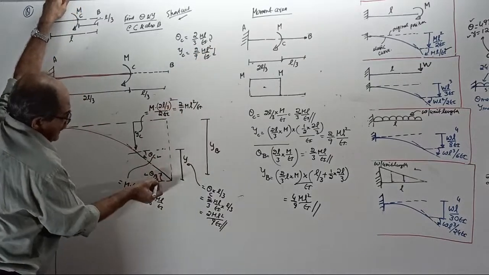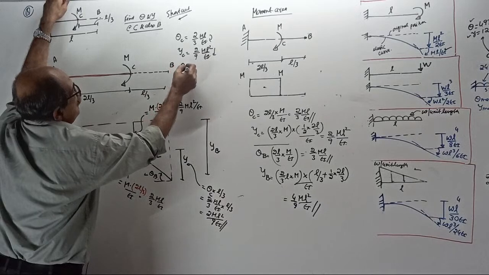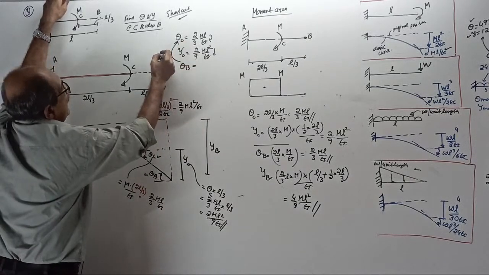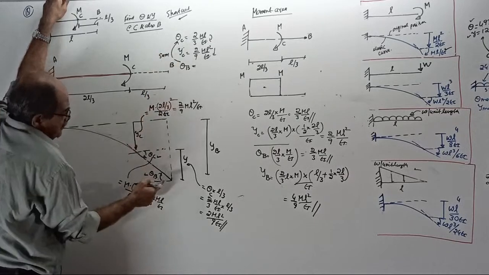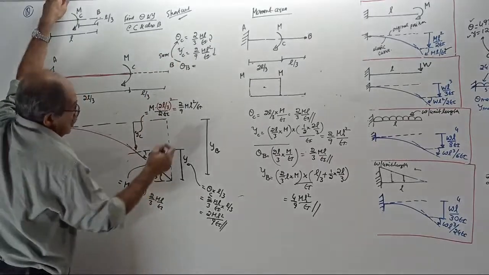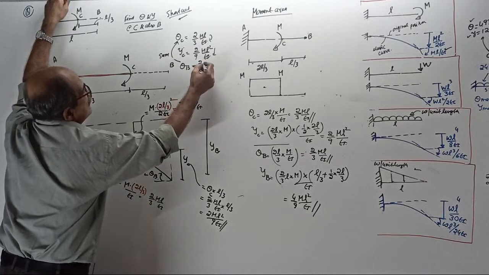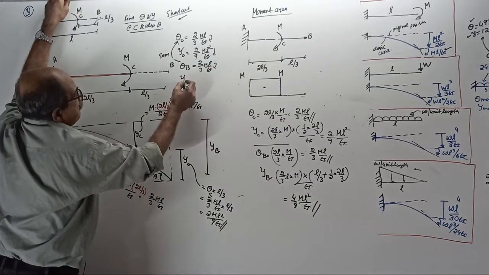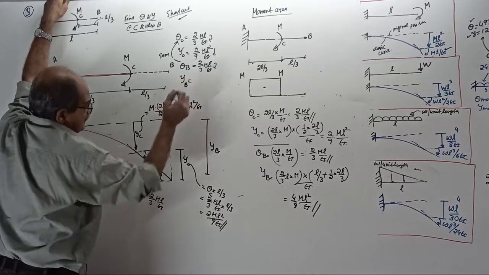Then they want theta B. Your theta B is the same as theta C. Both are equal. How much? 2 by 3 ML by EI, clockwise. Then you want deflection at B, the free end deflection.